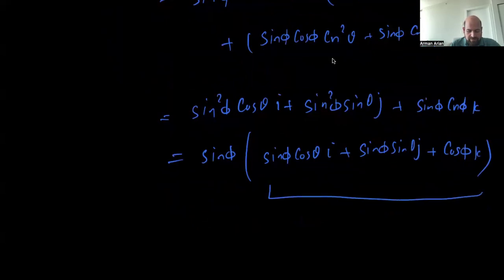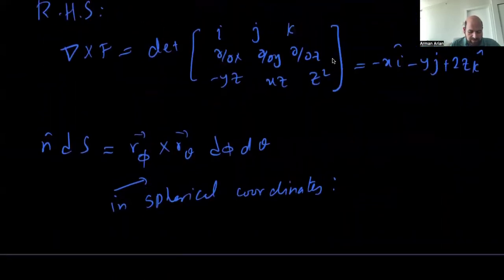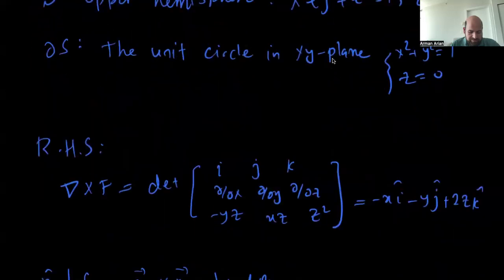Now, what is this? Look at the original vector r that we had.